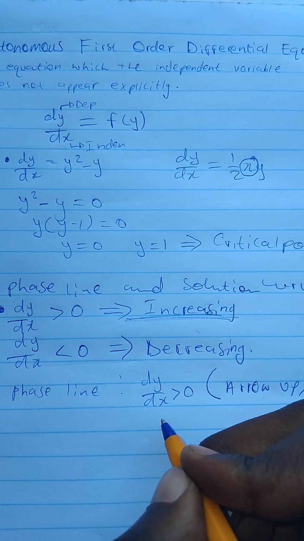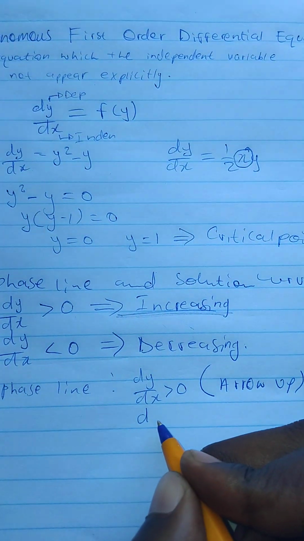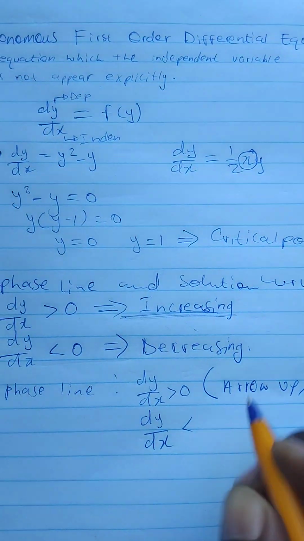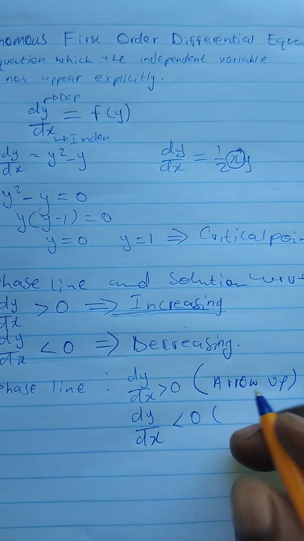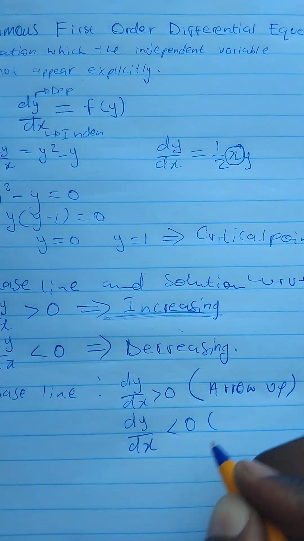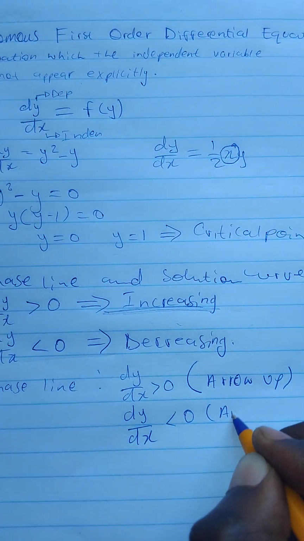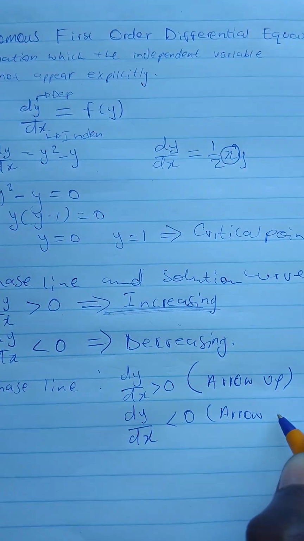Okay, don't worry, I'll show you guys what a phase line looks like, so just bear with me while I give you all these notes, a few tips. If it is a decreasing function, then we're gonna have our arrow facing down.